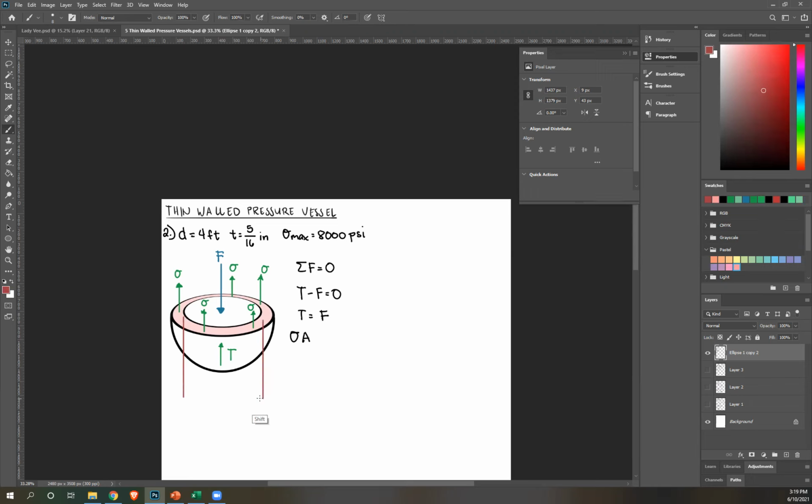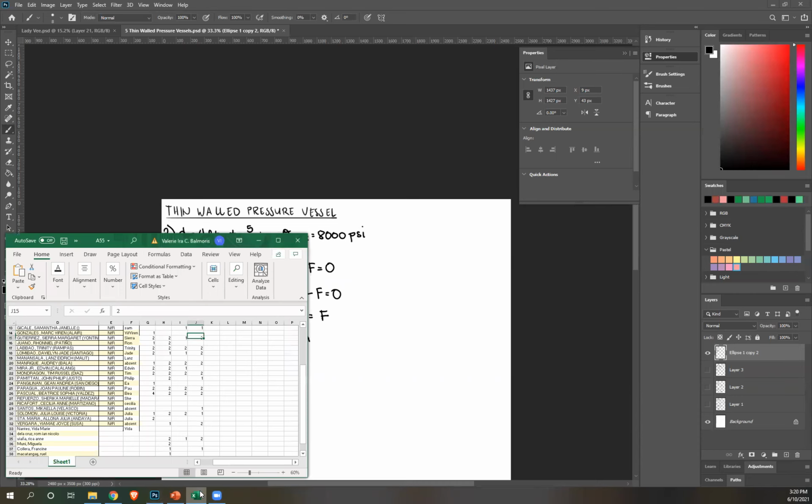Okay, and then this is actually, again, I'm looking for area. What is the equation for the area of this portion? Correct, Cecilia. It's pi dt.